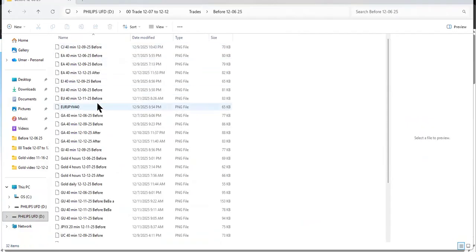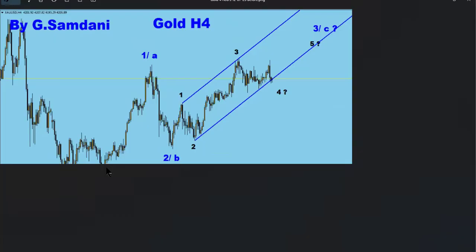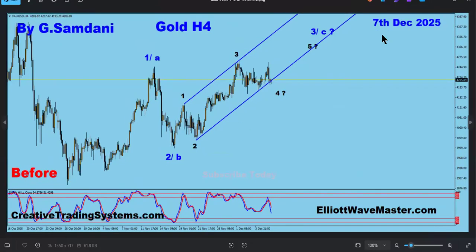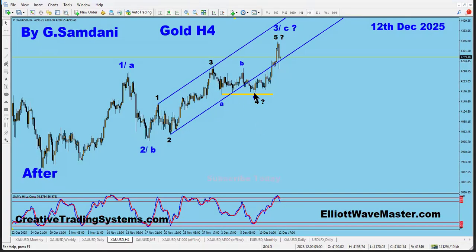This is the 4-hour gold chart I made when I made the last video over the weekend. It was going to come down here, finish maybe a little more to the downside to finish wave 4, and then go up for wave 5. Look what happened. It came down, touched this low here, and then boom, it went straight up. Wave 5 is finished, and now it has started to drop.